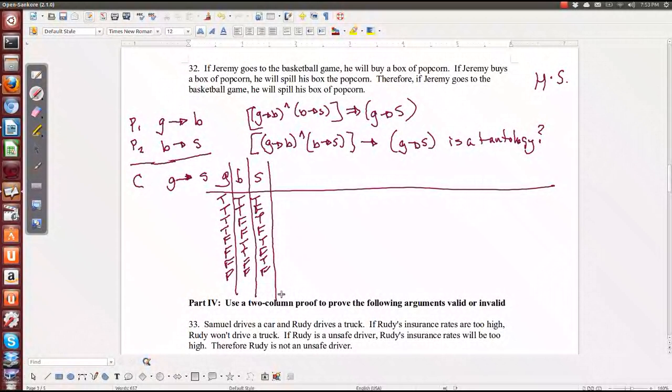I don't have any negations here, so I want to go ahead and start with my parentheses. I've got G conditional B and a conditional is a statement that is only false if the antecedent is true and the consequent is false, and that happens on the third and fourth rows.